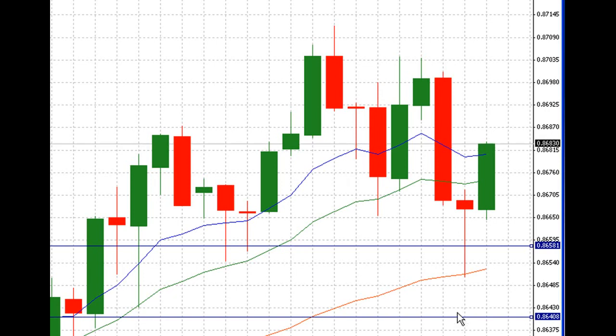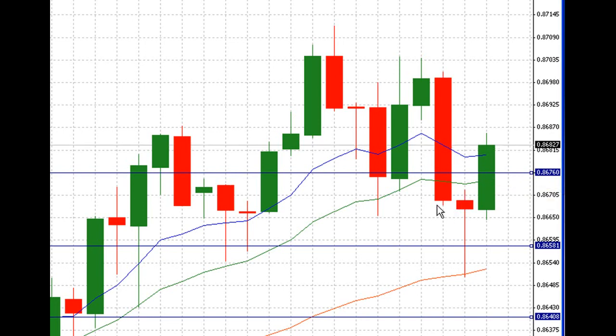So the distance between our stop and our entry is 0.8640 to 0.8658, so that's 18 pips. So 18 pips in profit would take us up to 0.8676. And as you can see, we are already above that. We reached our break-even price here.